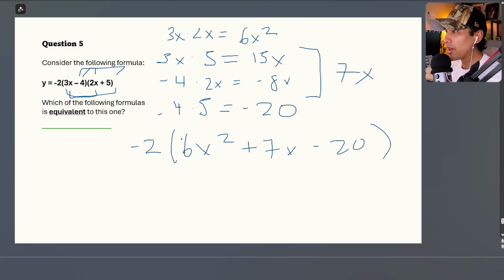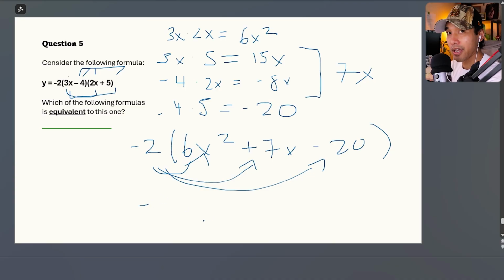And then we multiply this coefficient by each term, and we get negative 12x squared. Negative 2 times positive 7x equals negative 14x.